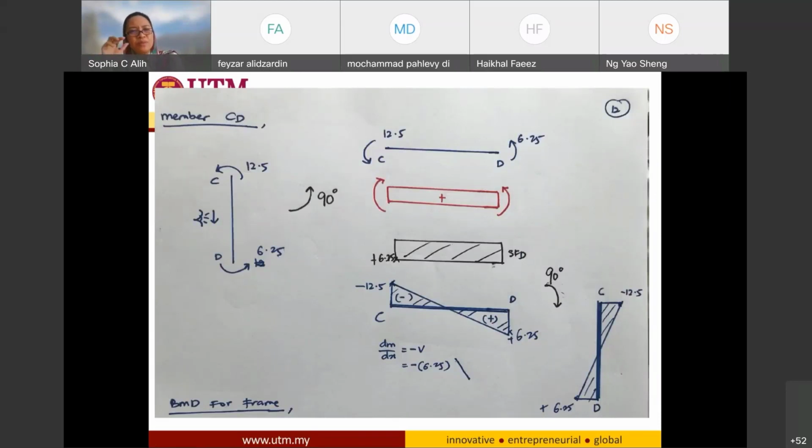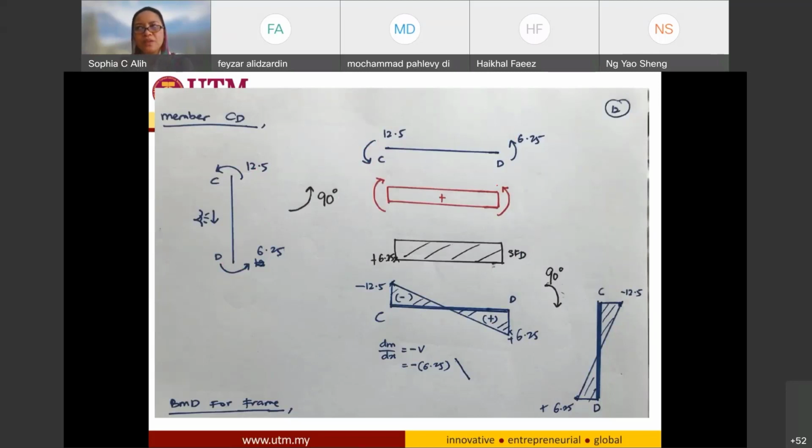Now, for my member CD, I have this end moment over here, counterclockwise and also counterclockwise. So both are negative 12.5 and also negative 6.25. And if I rotate it upward, in order for me to look at it easily, I have something like this. Counterclockwise, and also this one counterclockwise.